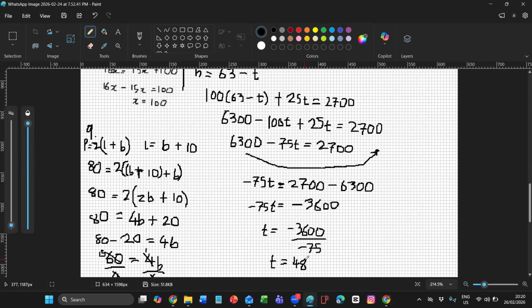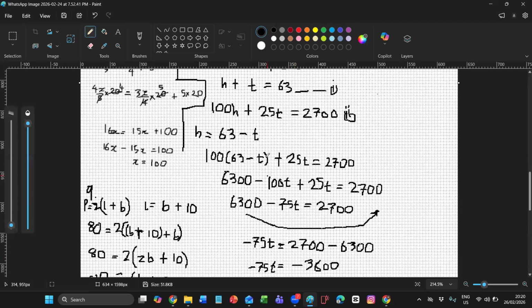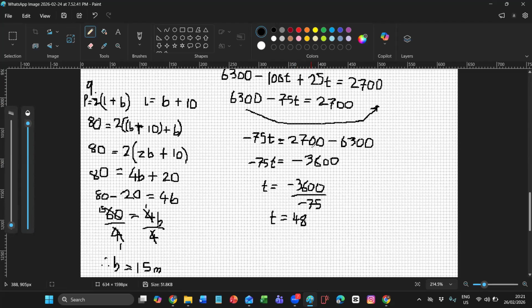And definitely, if you go back to this equation, which was formed out of equation one, let me just call it equation three. It's telling me that H will be equal to 63 minus T. So therefore H is equal to 63 minus 48, which will give us what?